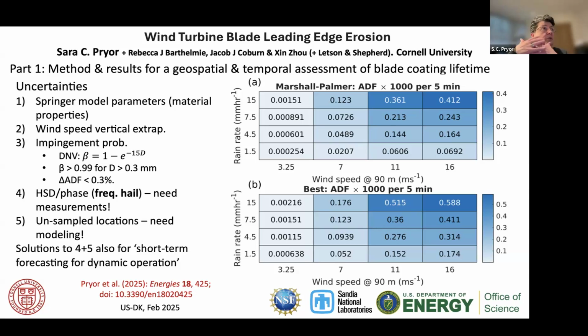Just as we generate forecasts of power production for tomorrow, wouldn't it be great if we could issue a forecast that says, looks like the erosion is going to be bad tomorrow, so perhaps you might want to think about dynamic operation of your wind farm. Or equally, our measurements suggest there's damage or damaging events occurring now. Perhaps you might want to consider dynamic operation.